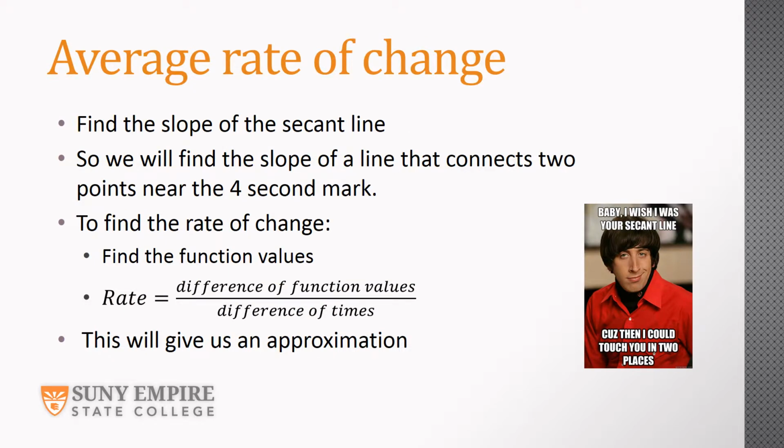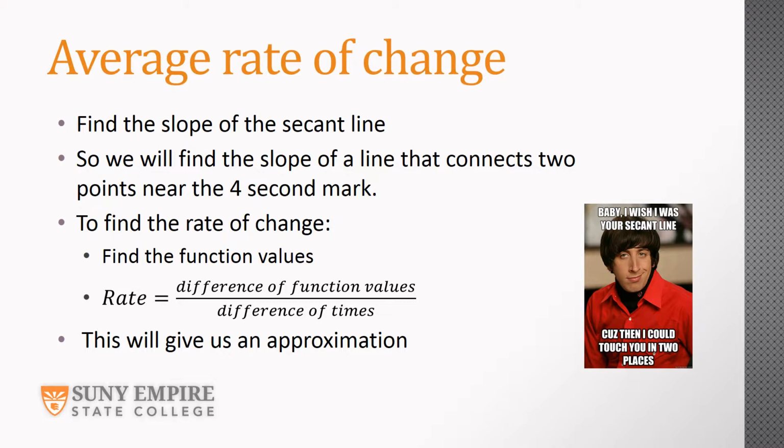Until we formally define how to find derivatives, the only method we have for finding rates of change is to find the slope of a secant line. This means we will find the slope of a line that passes through 2 points on our graph, relatively close to the value we want.